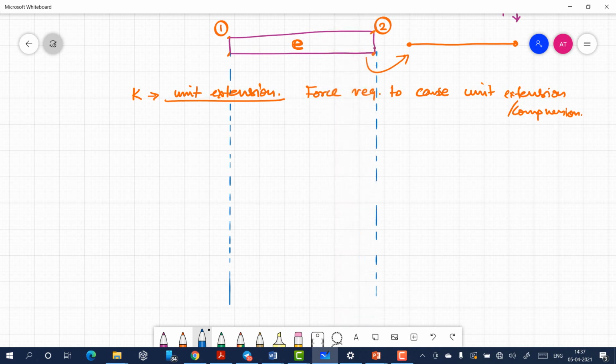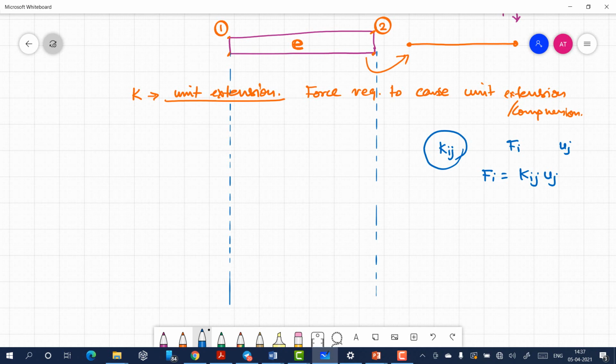Now you know that stiffness actually is Kij, right? And F is usually I and U is J. So if I have to write Fi, that will be equal to Kij Uj. So Kij means the force at I because of the displacement at J. And we will look at how it comes up.